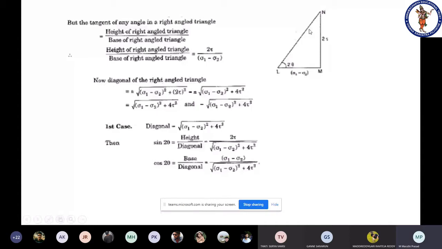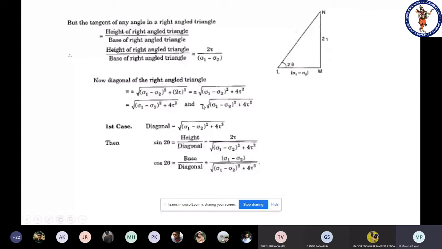See the diagram and substitute the values. ML is given as sigma 1 minus sigma 2, so sigma 1 minus sigma 2 whole square plus 2 tau whole square. Totally it is sigma 1 minus sigma 2 whole square plus 4 tau square, which equals NL square.